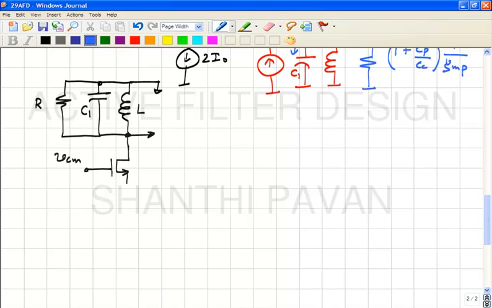Please note that as we have drawn it right now, if I change the input common mode by some amount, okay, if I change this guy by a little bit, can you guess what will be the change in the common mode here?